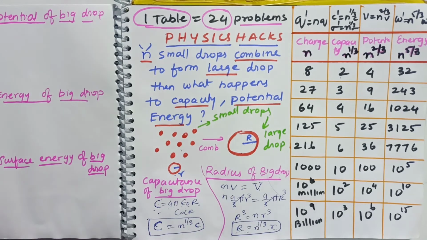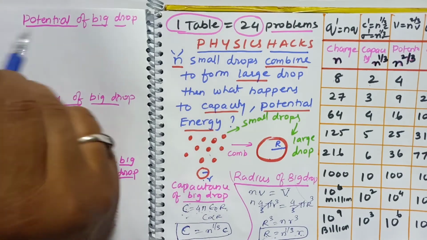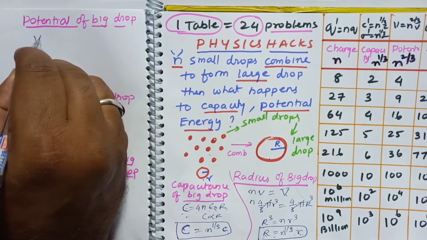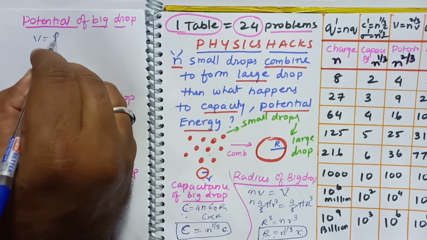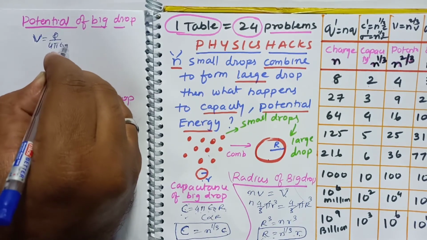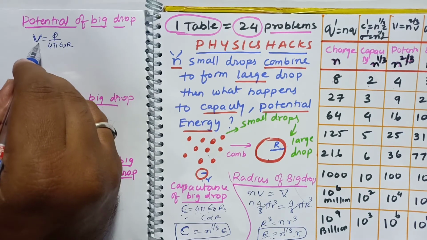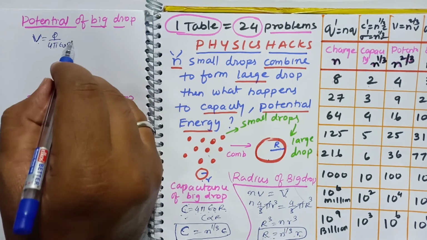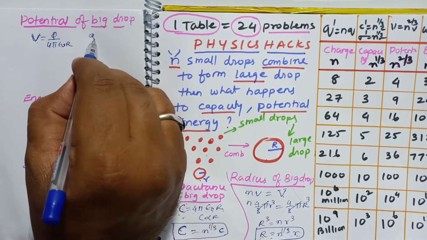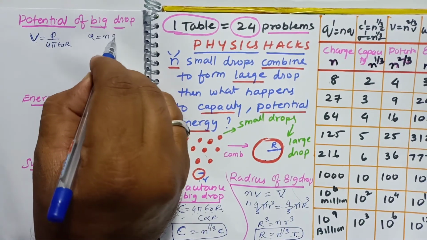Next we shall discuss what happens to the potential. You know the formula for potential: V is equal to Q by 4 pi epsilon naught into capital R. This is for the larger drop. To convert to the smaller drop, the charge of the larger drop is equal to n times the charge of the smaller drop.